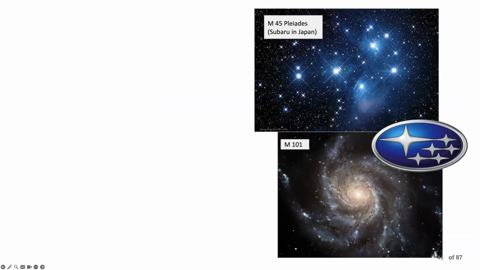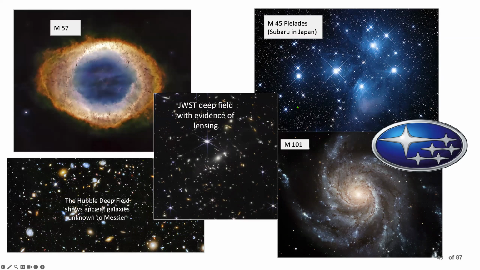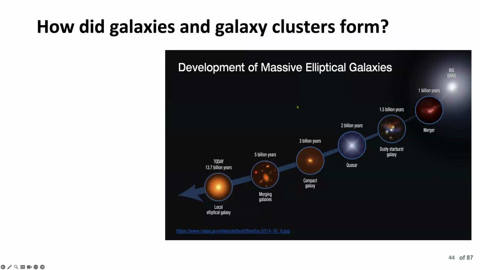This one is a cluster, and this group of bright objects is the inspiration for the thing on your car if you own a Subaru. The Subaru in Japanese refers to what we call the Pleiades. So different kinds of galaxies, and we'll get into some of the details.